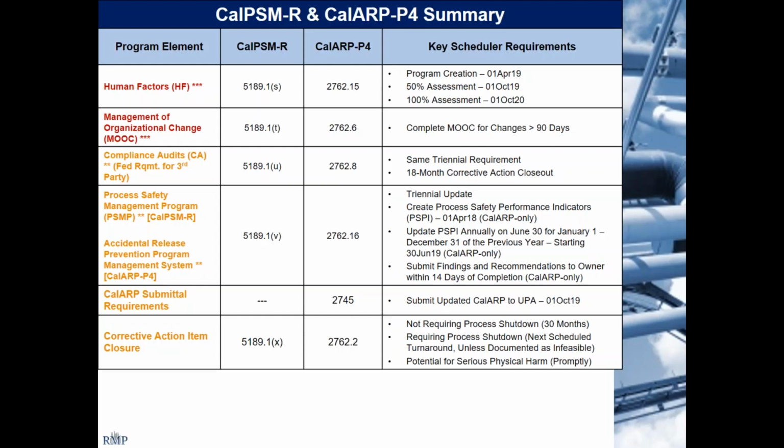So June 30th starting 2019, you have to report all your process safety performance indicators for the previous year. And a few other requirements as well.